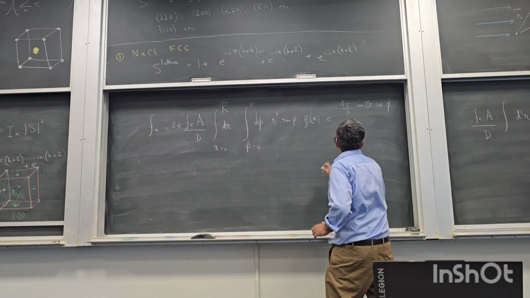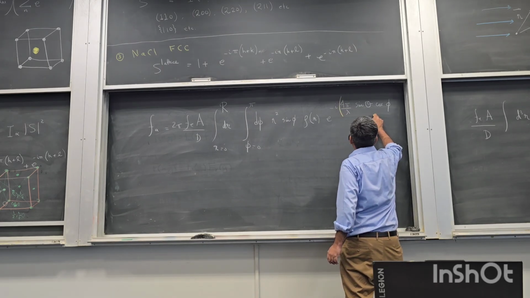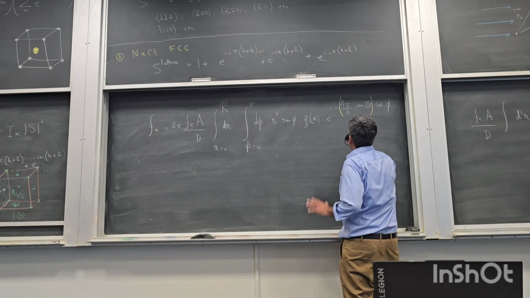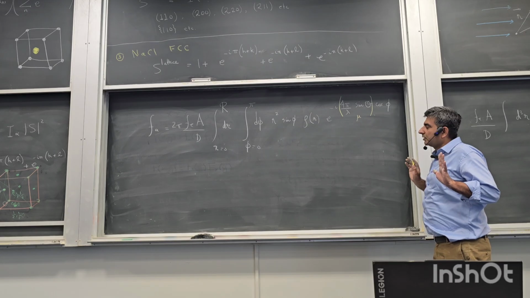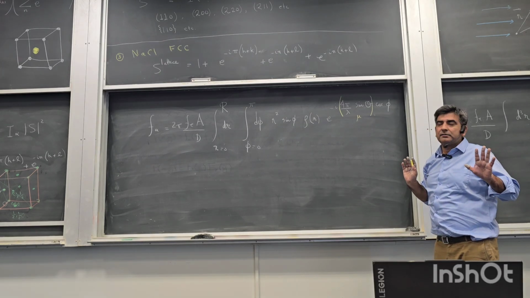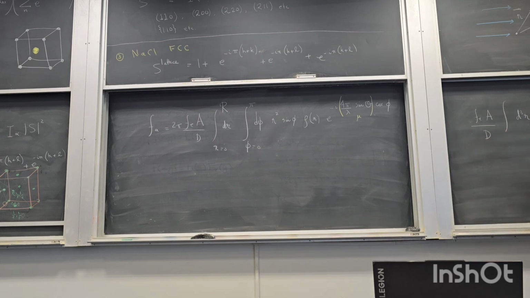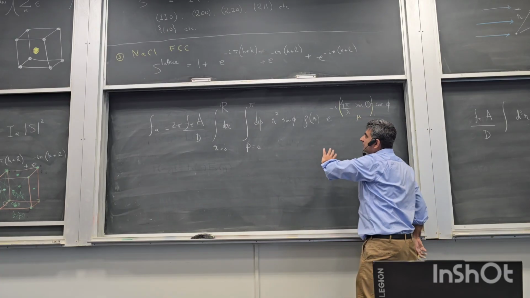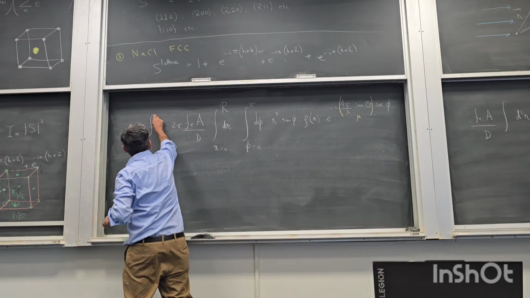So this factor 4 pi over lambda sine theta, I call it mu, some mu. Okay? Sine theta cos phi, right? I call this variable mu. There is no theta elsewhere, there is no integration over theta. So this will depend upon theta.